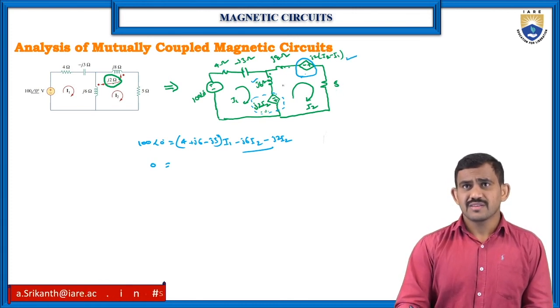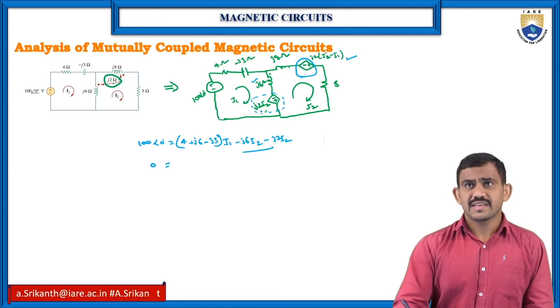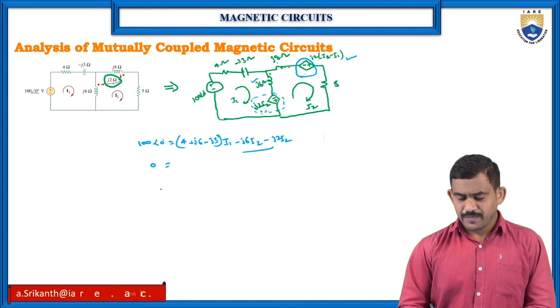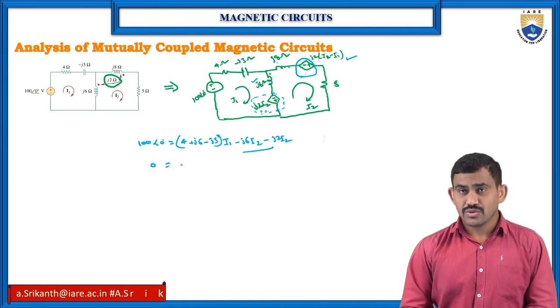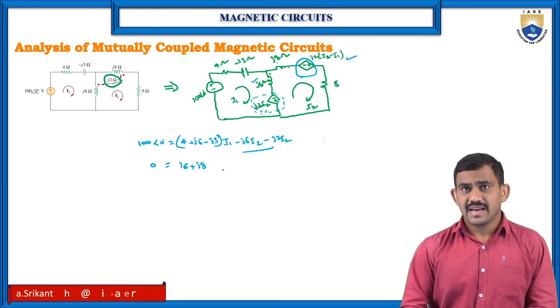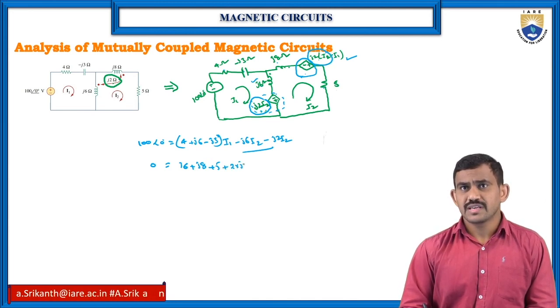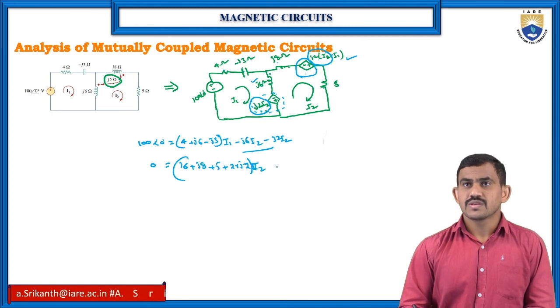Here we have J2 and J2, 6J and J8 plus 5, and one more J2 I2, so plus 2 into J2 I2.